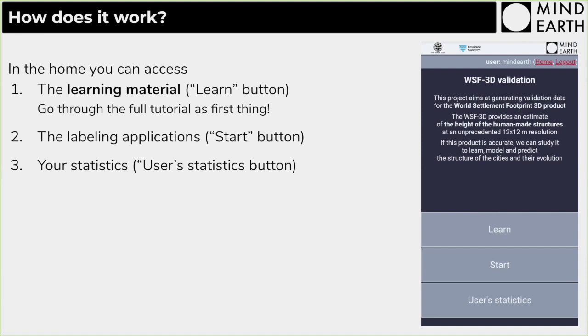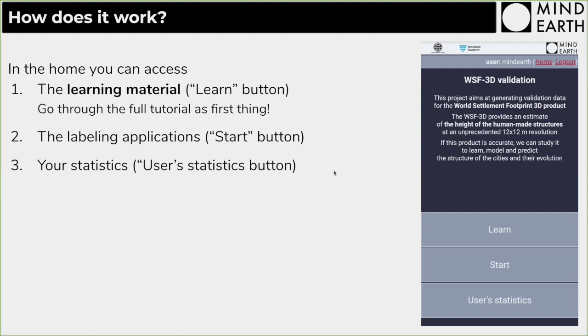Basically, it will cover what I'm covering in this presentation now. Once you have learned how to do the task, you will see it's very easy. But be sure to do it before starting. Then you can click the Start button and start to do the tasks.